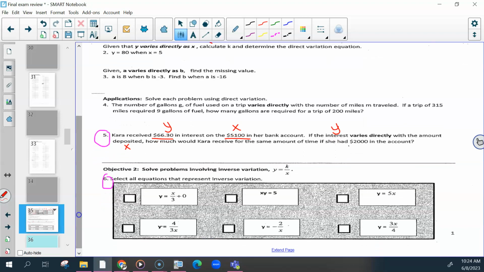So for this one, we're going to look for k first, divide y by x. So 6630 over 5100. And then we'll divide that.